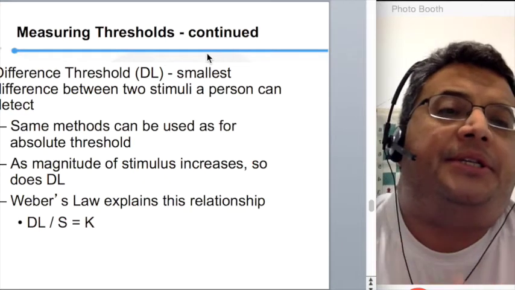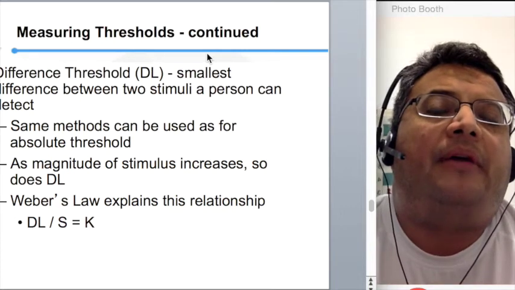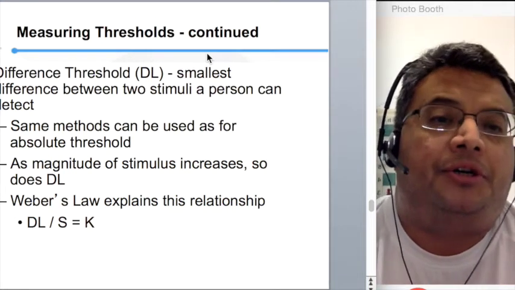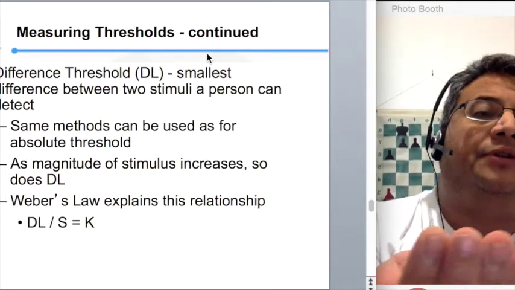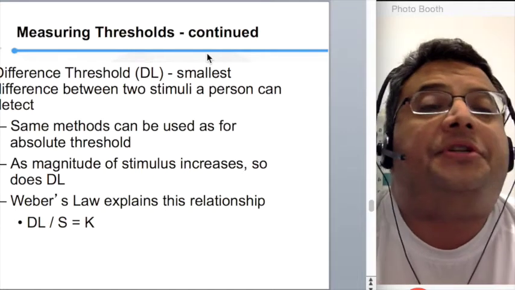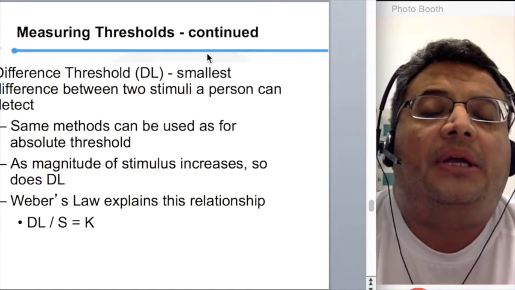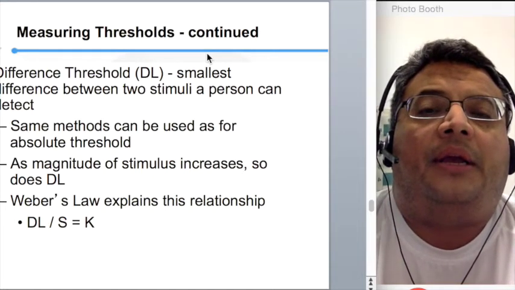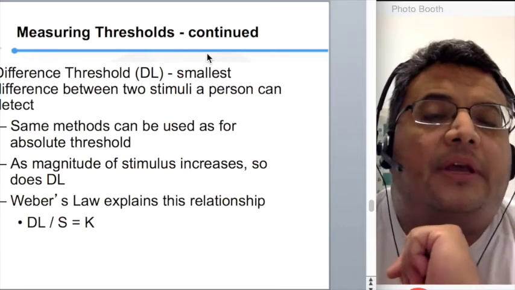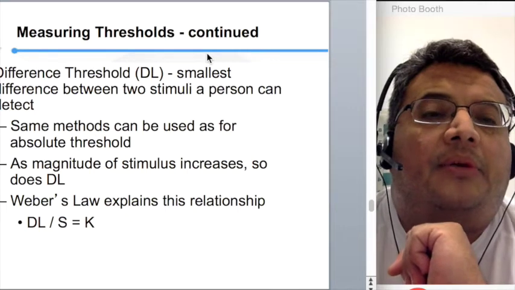So here's an example. Let's say you have a handful of sugar. You're holding 50 grams of sugar in your hand. If I add one little tiny grain of sugar to that 50 grams, you're probably not going to detect it.